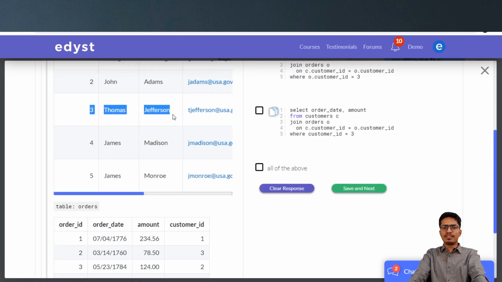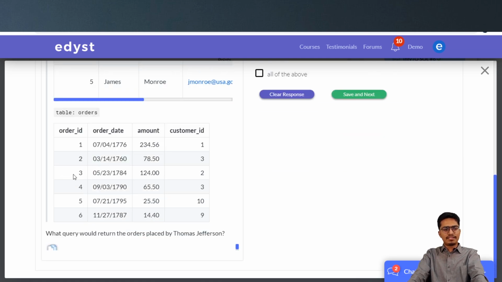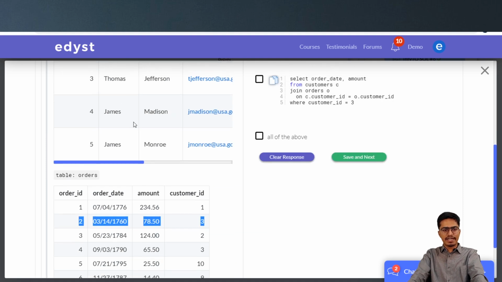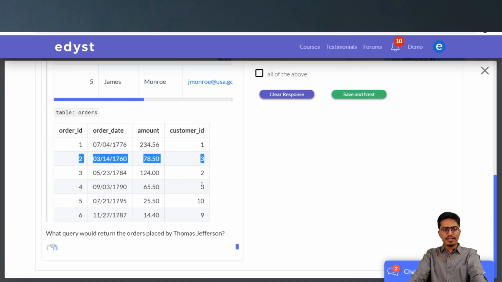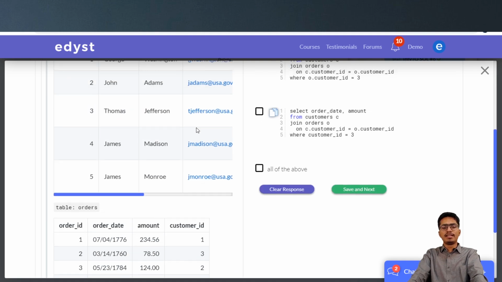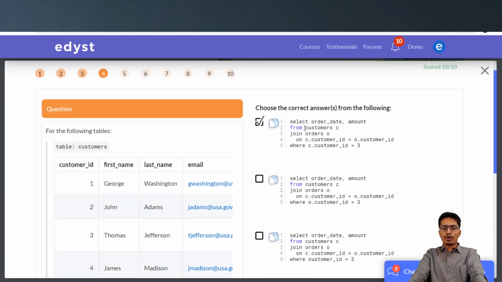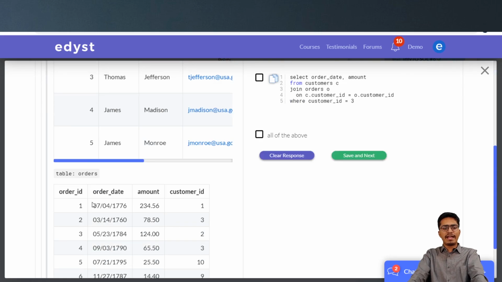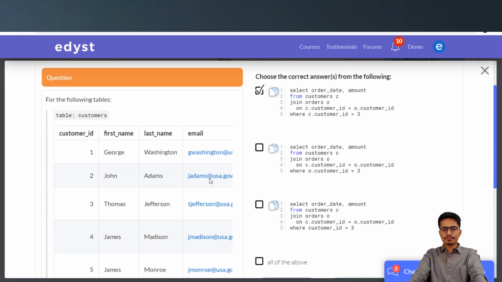So my Thomas Jefferson row matches with this particular row, because the customer ID here and the customer ID here are the same. The customer ID for this row is also the same as Thomas Jefferson. So if you did a normal inner join, you would end up including both of the rows. And then finally you filter out based on customer ID equal to 3.